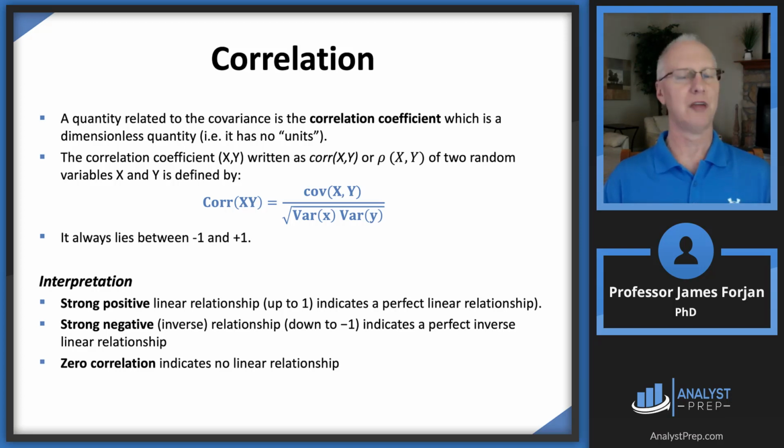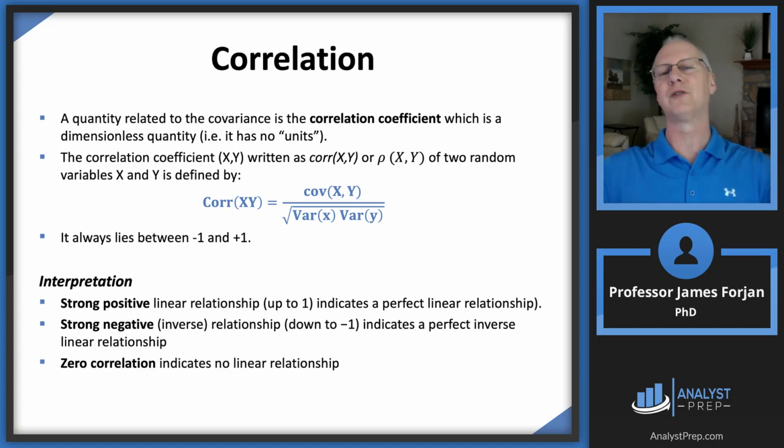So what good statisticians do all the time is they like to standardize a random variable. Covariance can take on any of these values, but if we standardize it, look at the formula for correlation coefficient. We divide by the square root of the product of the two variances, or we divide by the product of the two standard deviations.